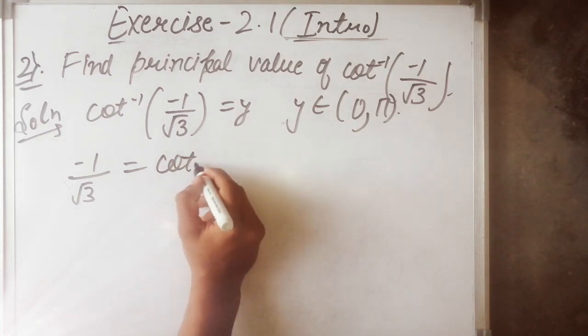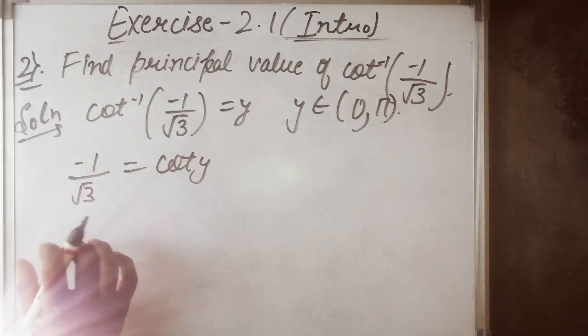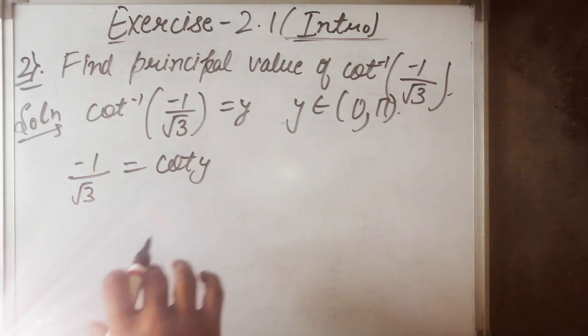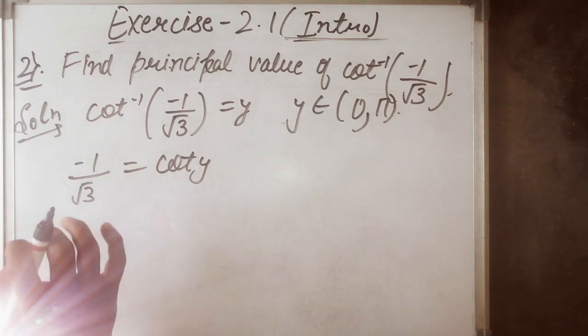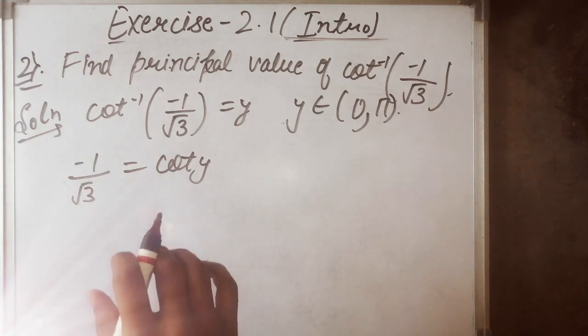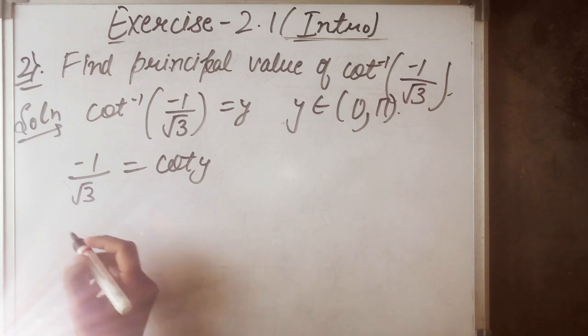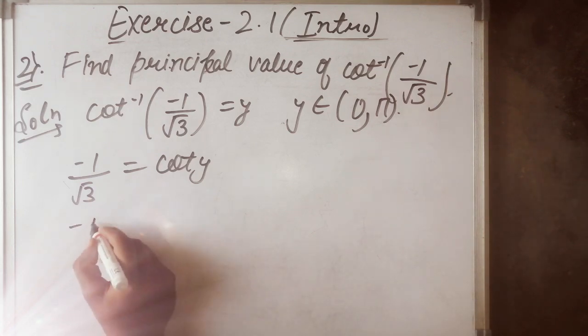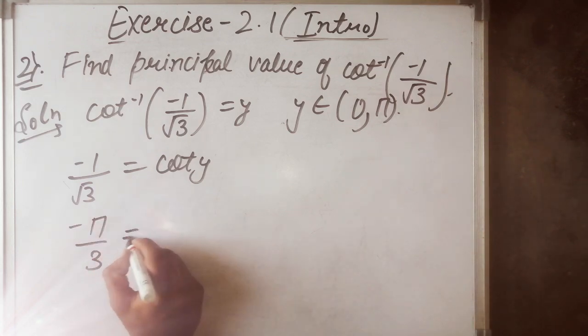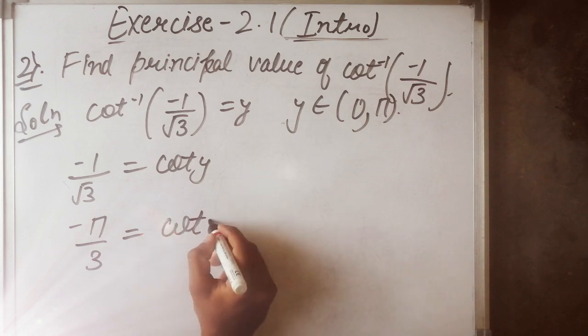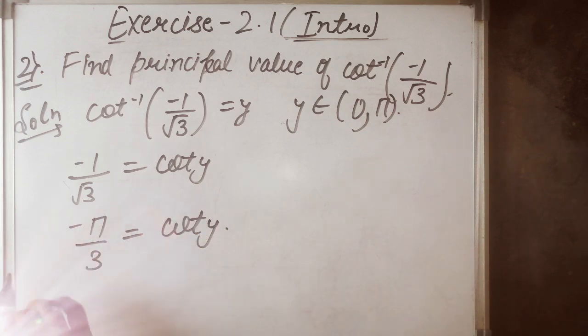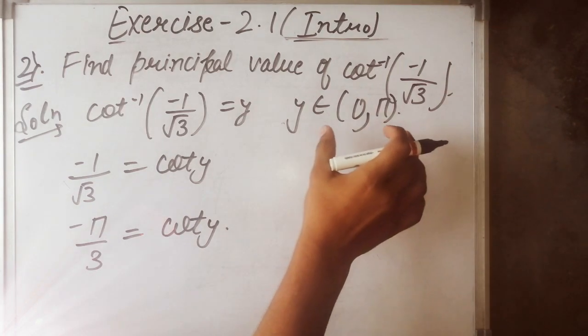We have cot y equals minus 1 by root 3. Now look at which angle has the value 1 by root 3. 1 by root 3 is present at pi by 3, so cot of minus pi by 3 equals cot y, and now we need to subtract this value from pi, because then we will have the principal value lying from 0 to pi.